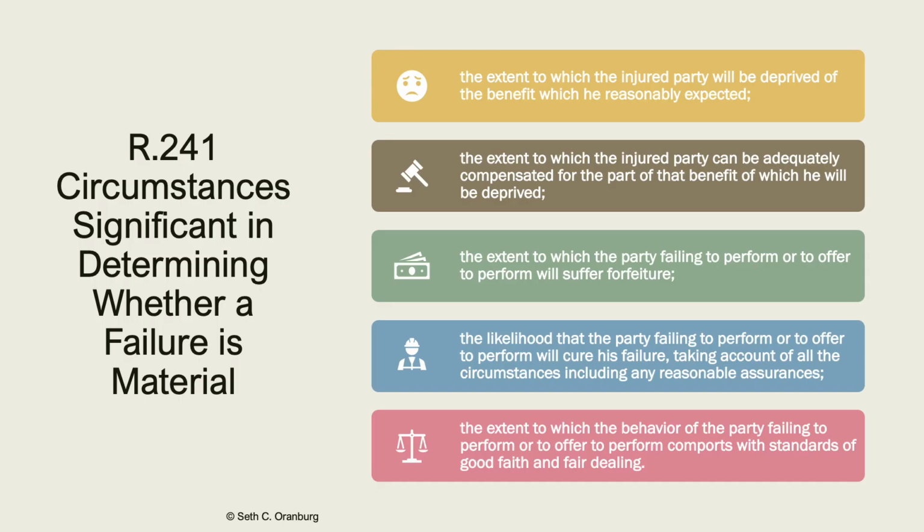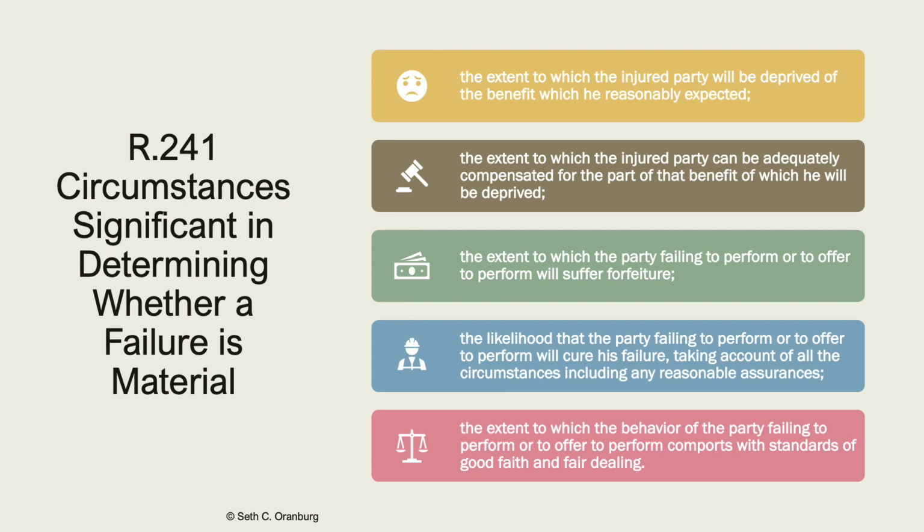The test for whether there has been substantial performance or material breach is set forth in the Restatement Second of Contracts at Section 241, and it turns on five factors. First, the extent to which the injured party will be deprived of the benefit which he reasonably expected. Second, the extent to which the injured party can be adequately compensated for the part of that benefit of which he will be deprived.